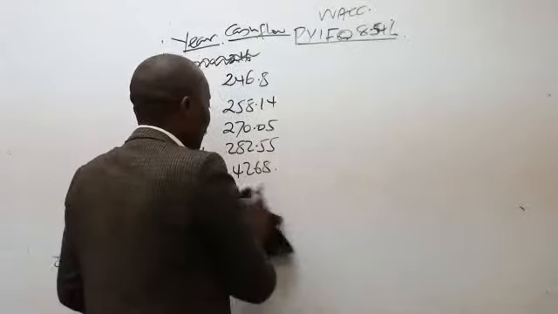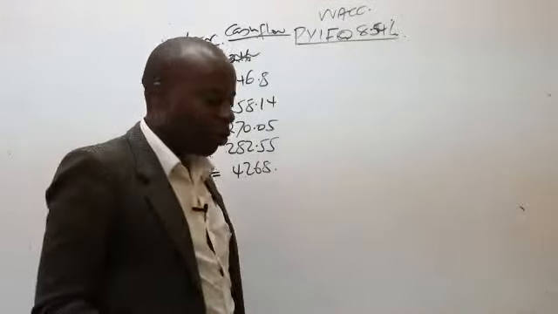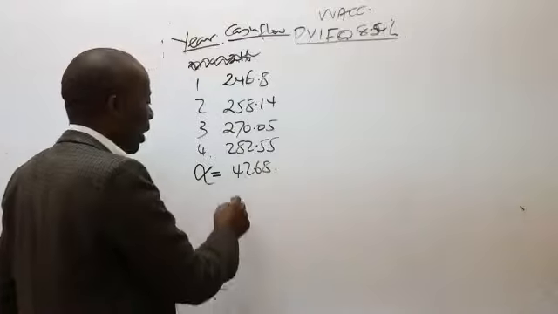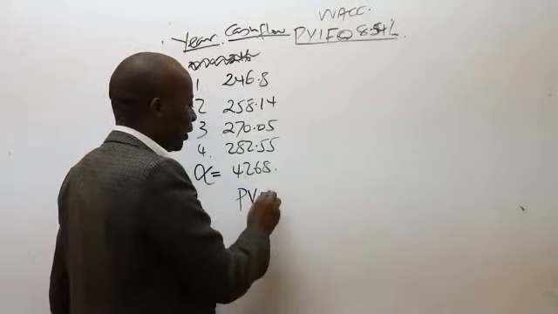How do you give us the PVIF when you have forgotten the formula?